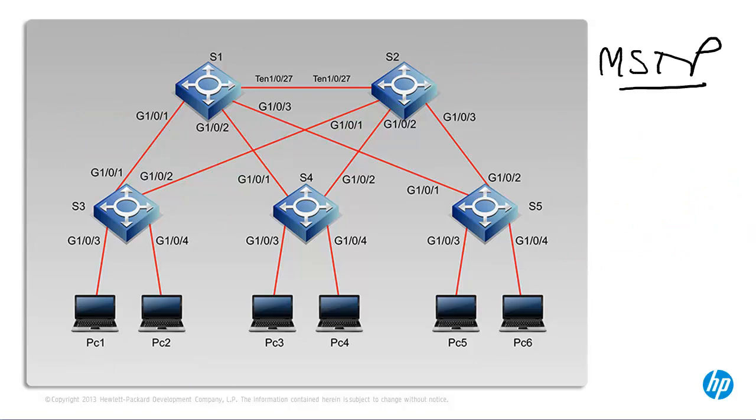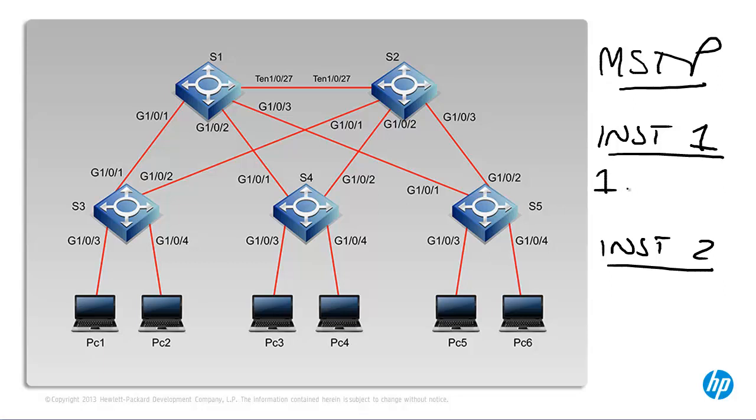Multiple spanning tree provides multiple advantages. The first advantage is, rather than having a spanning tree instance and root per VLAN, you create individual instances. So in a topology like this, we would create multiple instances. So instance 1 and instance 2. And then we would map VLANs to those instances.